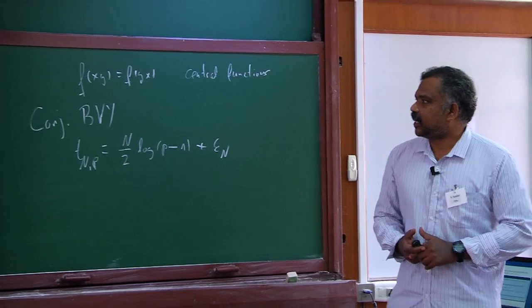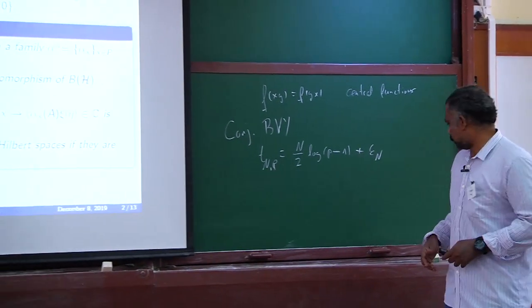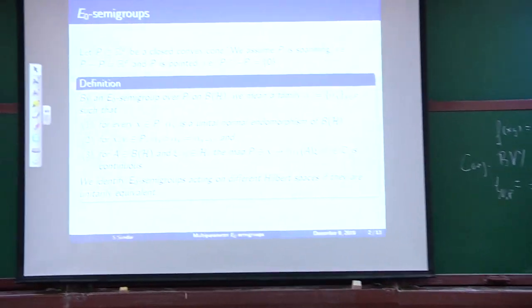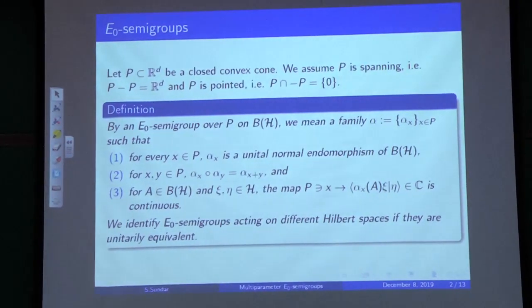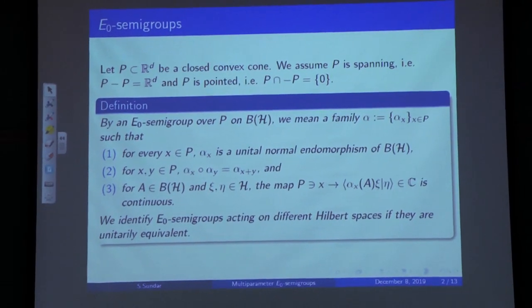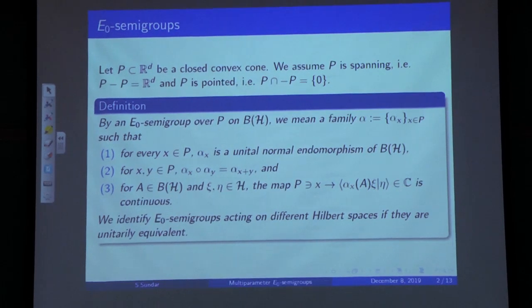Okay, so traditionally an E0 semigroup is just a semigroup of endomorphisms on B of H, where the indexing set is the positive real line.